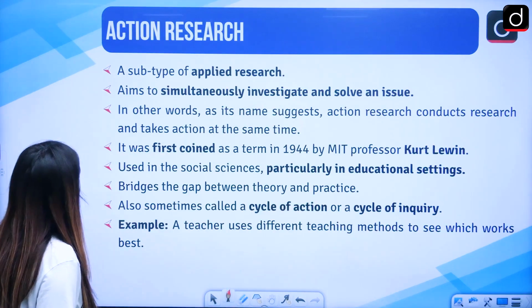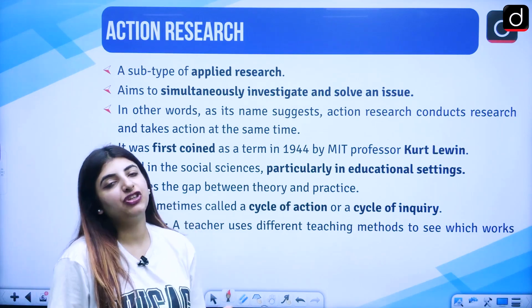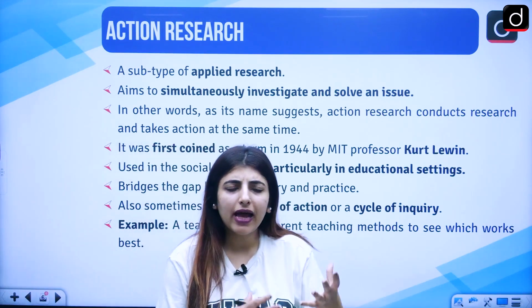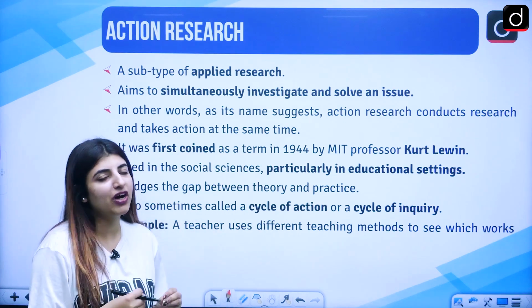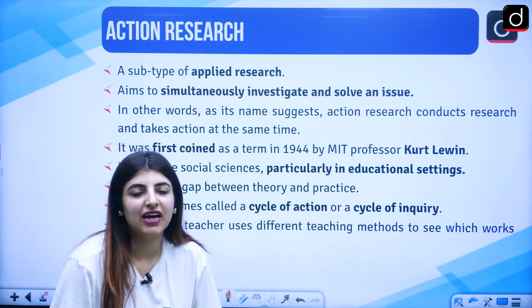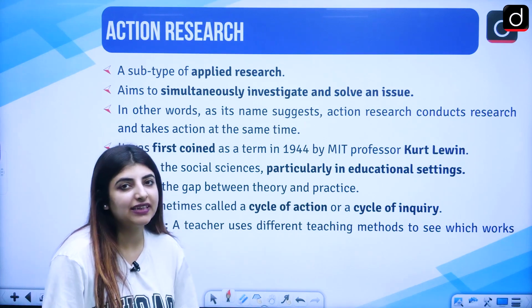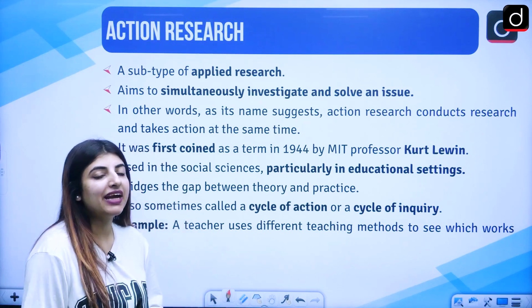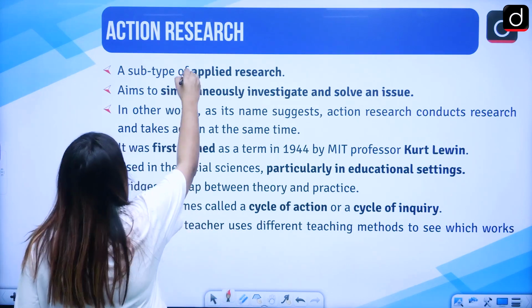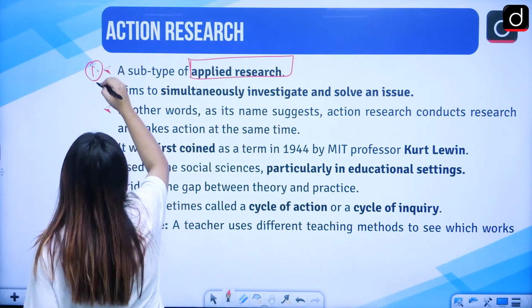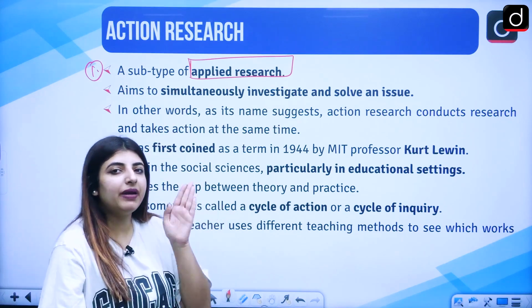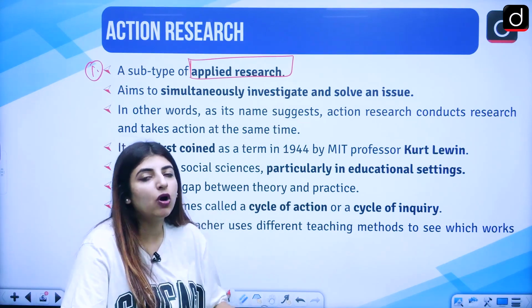Then comes action research. The word action is telling us that there is a hidden verb there, that is to act. So here in action research, you learn things by doing them as well. And of course, this is the first point of difference to note down: it is a sub part of applied research which is done on a smaller scale.